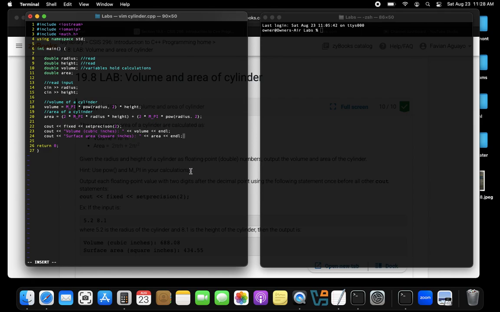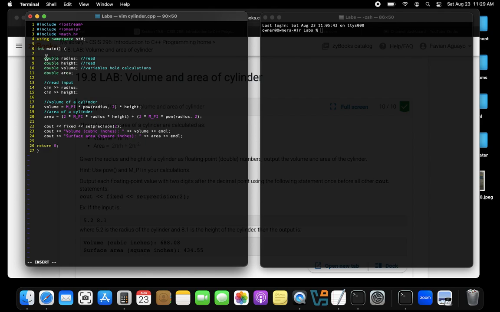Alright, so let's take a look one more time. We're including this for input output, this iomanip, so that we can use set precision to show 2 decimal places. We're including math.h so that we can use pi and the power function. And then here we've got our main.